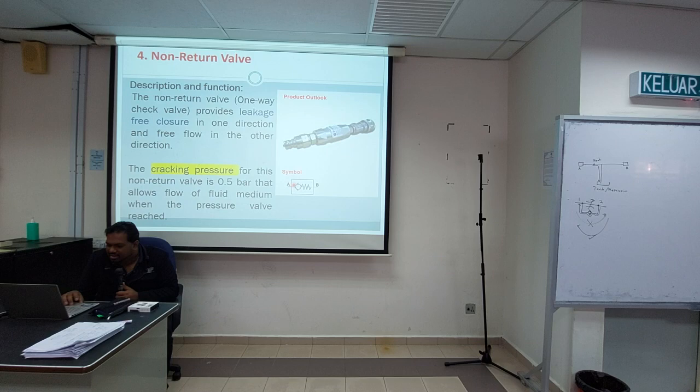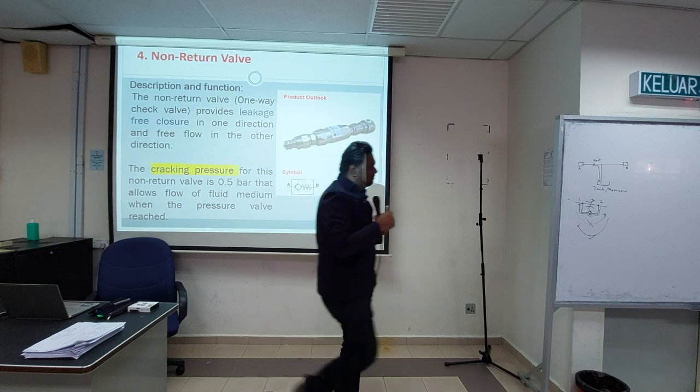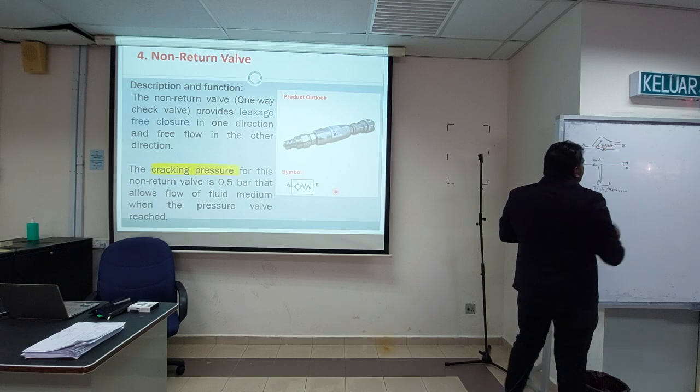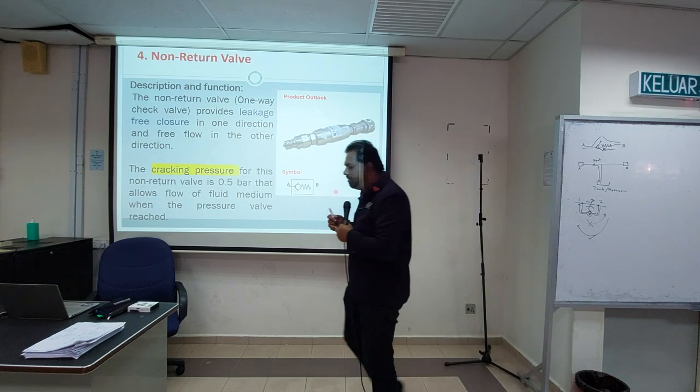But from A it still can go to B. Okay, it is like this. A to B, so from here it can pass through. So it's not blocked, but from here it is blocked. It cannot pass through. So only from A to B it can pass through. B to A it cannot.